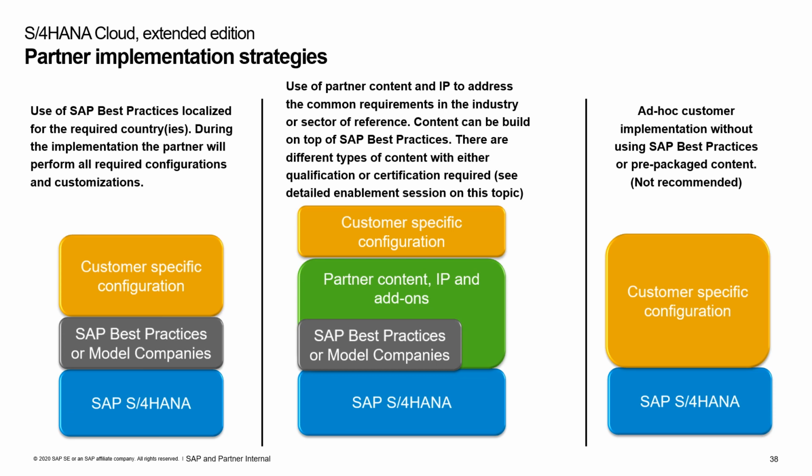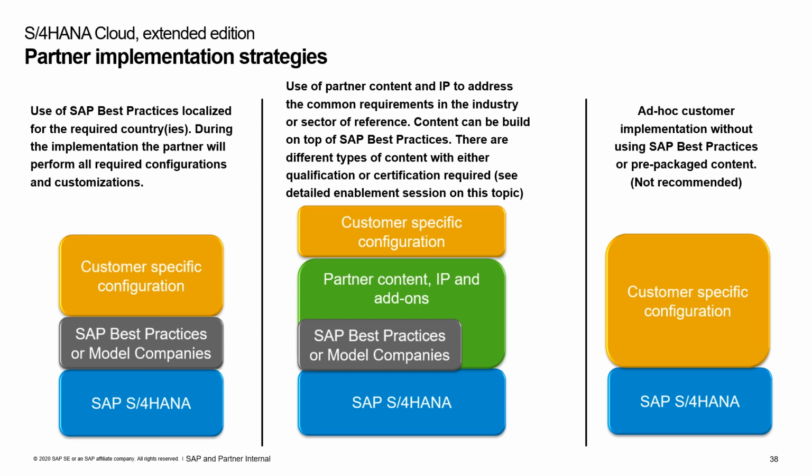The first approach on the left is where you use SAP best practices or model companies that are localized for the required country or countries. During the implementation, the partner will then perform all the required config and customizations, which you see here in yellow, which is the customer-specific configuration. And you're adding the model company on top of SAP S4HANA.